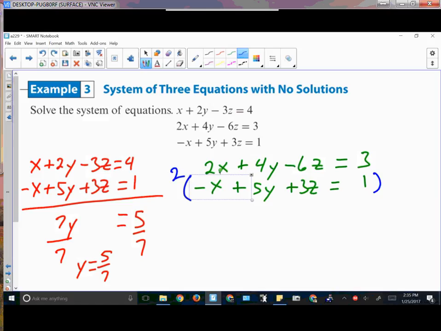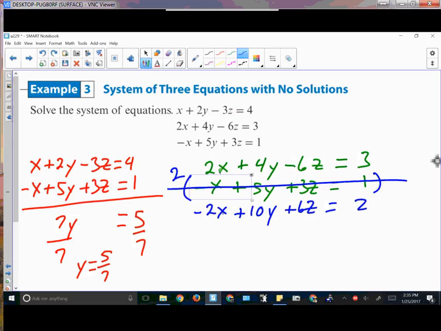So, negative 2x, this goes to plus 10y, this goes to plus 6z is equal to 2. So when I combine those two equations together now, and sometimes when you're writing this out, you might want to make sure that you're writing it in a nicer format, but we know that this is gone completely.